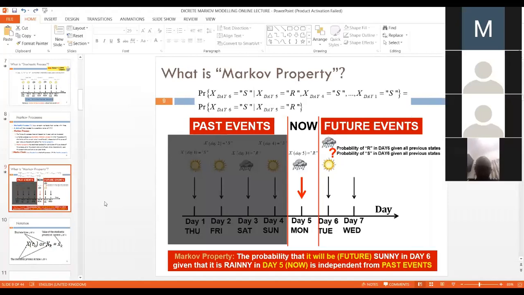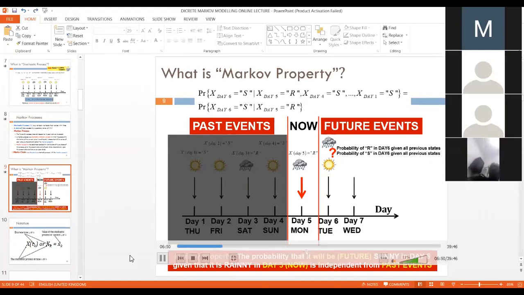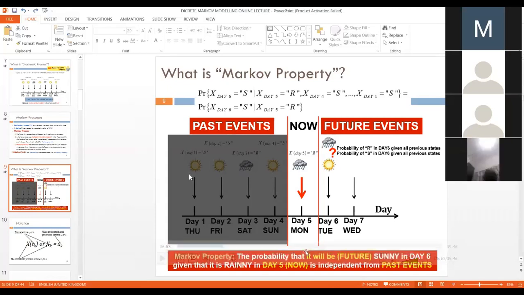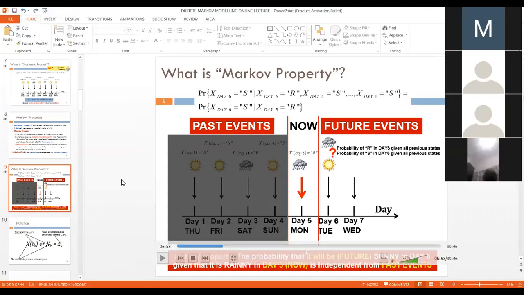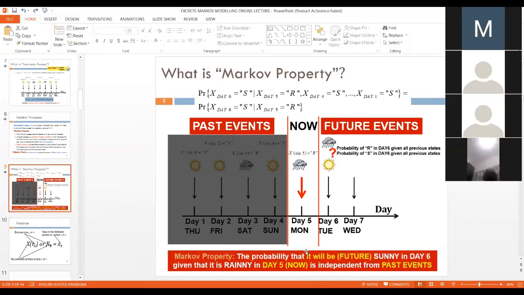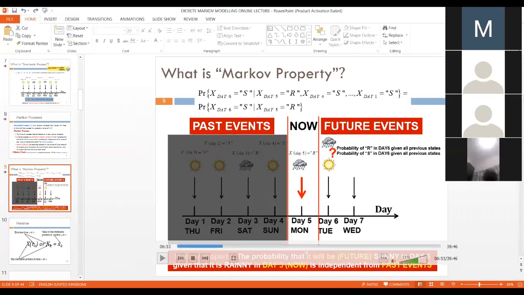So illustrating with this diagram, we said if we have to model what is going to happen tomorrow, then all we need are the one-time transition probabilities on day 5. Let me touch on this briefly. When it comes to Markov modeling, a Markov model is a stochastic process which does not take into consideration what has happened in the past.